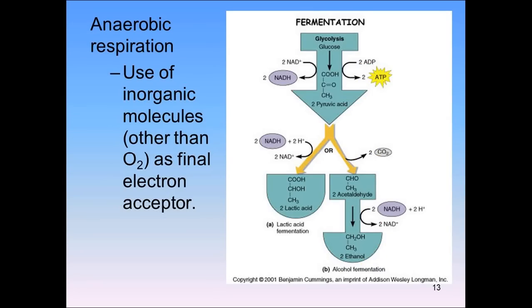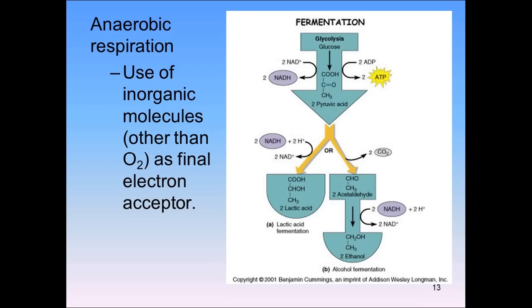There are some cells that can't use oxygen as the final electron acceptor in cellular respiration. Those cells have to rely completely on glycolysis to create ATP, since glycolysis is the only part of this process that is anaerobic. Remember, anaerobic means that you use something other than oxygen.